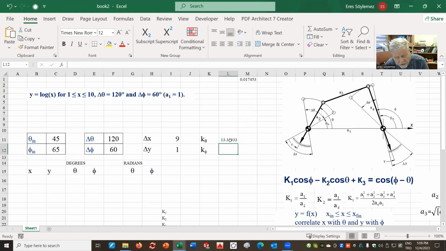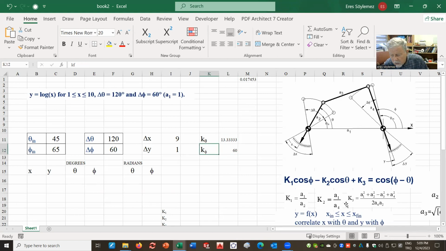It is so many degrees per unit change in x, and delta phi by delta y will be equal to 60 degrees per unit change in y.